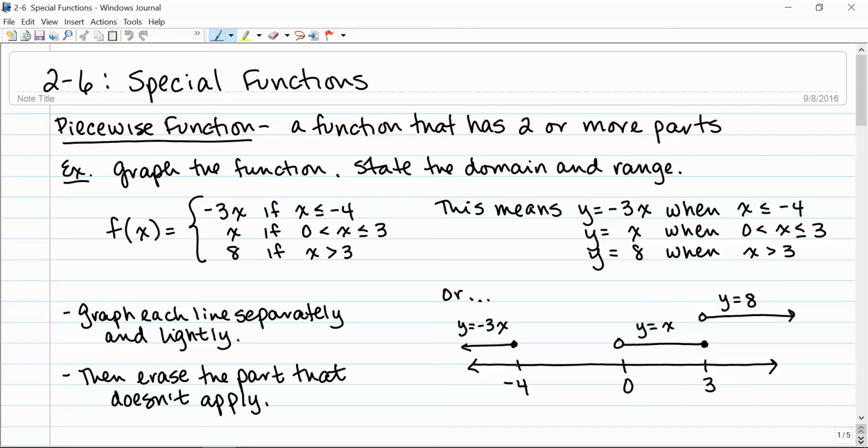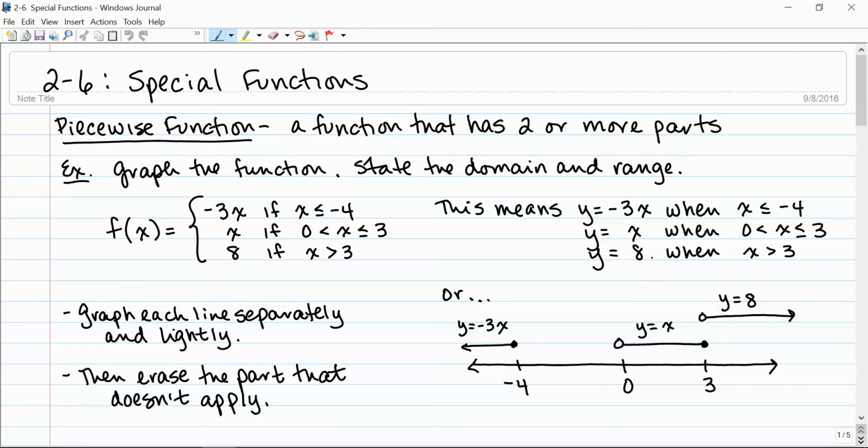So when x is less than or equal to negative 4, we're going to graph the function y equals negative 3x. Y is equal to x when x is between 0 and 3, including 3. So on this interval right here between 0 and 3, not including 0, but it is including 3, y equals x.